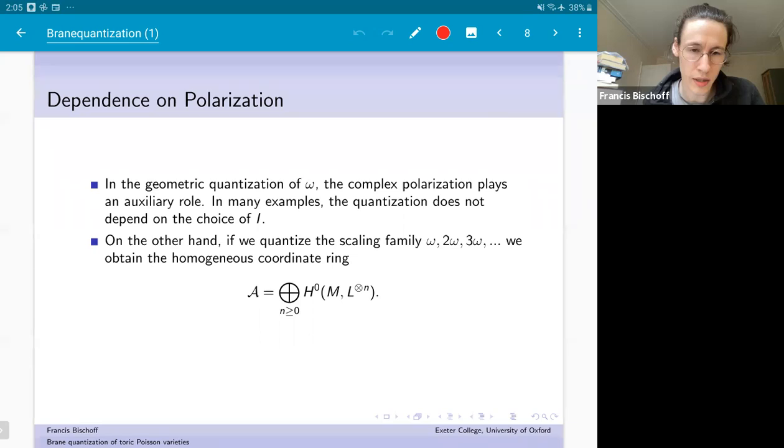If we put all of these quantizations together, then what we get is the homogeneous coordinate ring, which I've written here as A. By the Kodaira embedding theorem, this algebra defines an embedding of M with its complex structure into a projective space. So what this tells us is that the product on A is what encodes the polarization I.